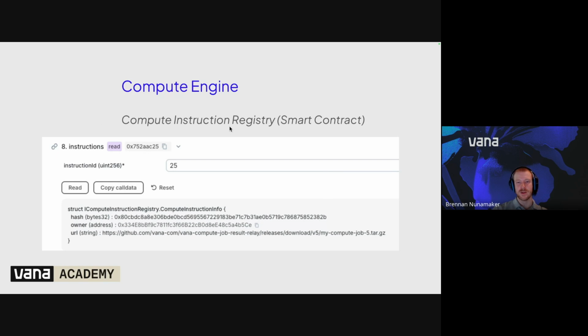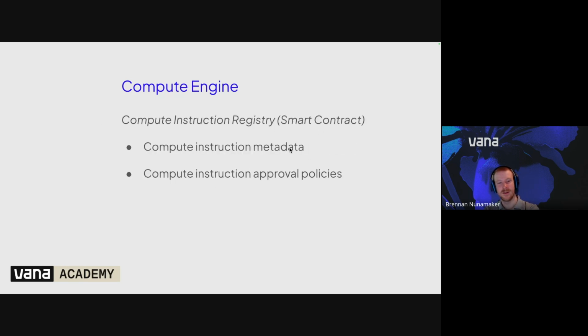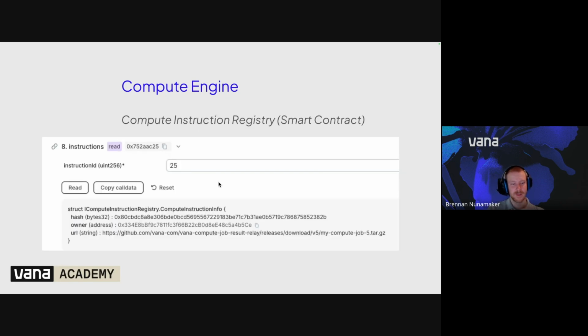For the compute instruction registry smart contract, which we discussed, sorry, I got my slides mixed up. We have compute instruction metadata and approval policies, which you can also see on chain. If you, for example, query the instructions with the instruction ID, you see the hash of the compute instruction Docker image, just for added security so that we can ensure this code hasn't been tampered with.